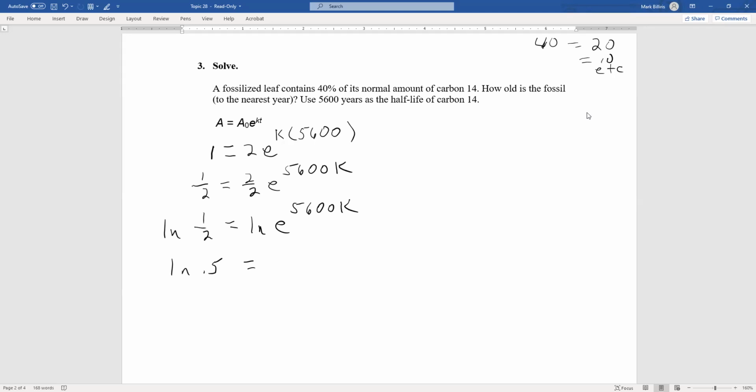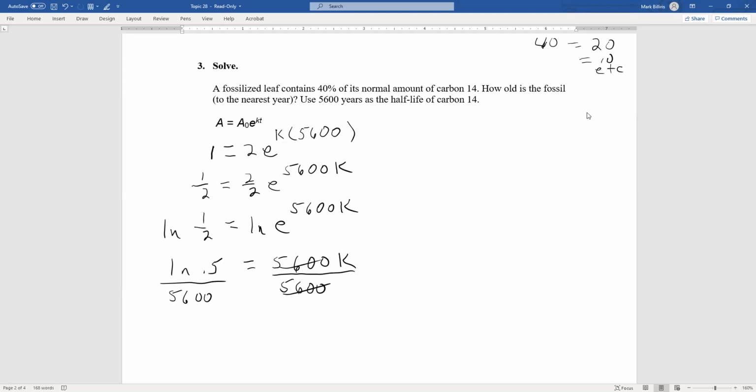And remember, the natural log of base e raised to any power is the power itself. Since I'm solving for k, I'm going to divide both sides by the 5,600.